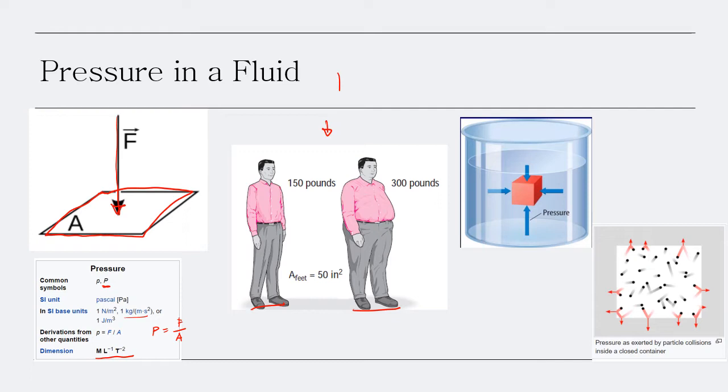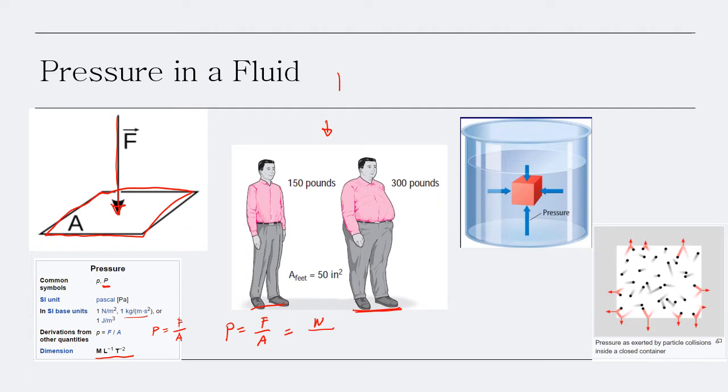So if we want to measure the normal stress on the feet of the 300-pound man and see which has greater pressure, we can compute pressure equal to force over area, and the force applied here is the weight of the person.